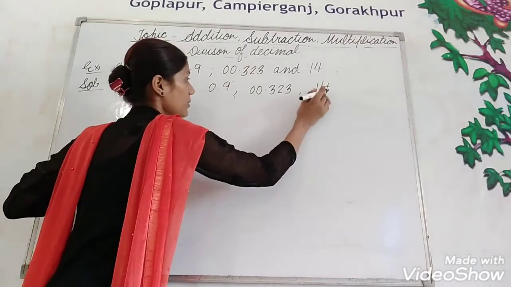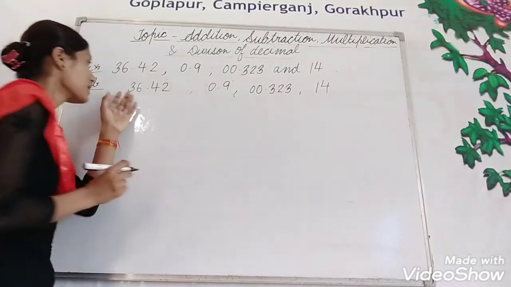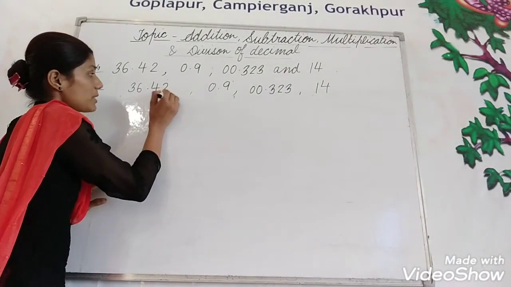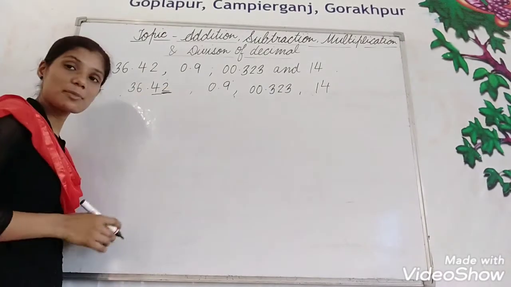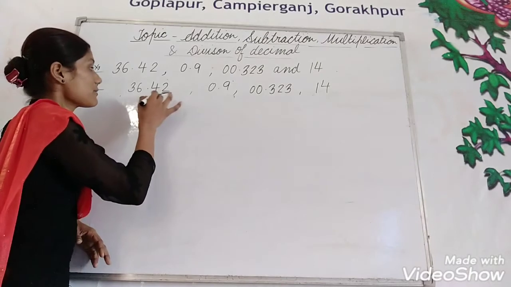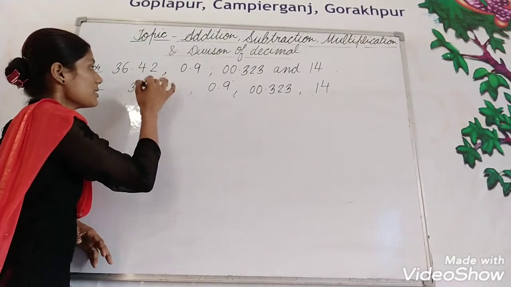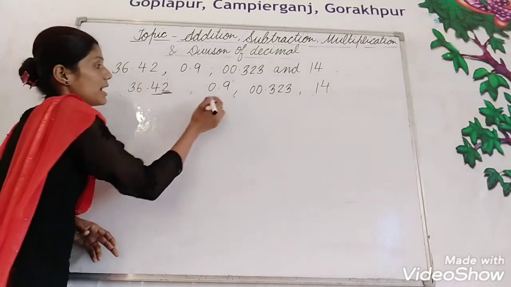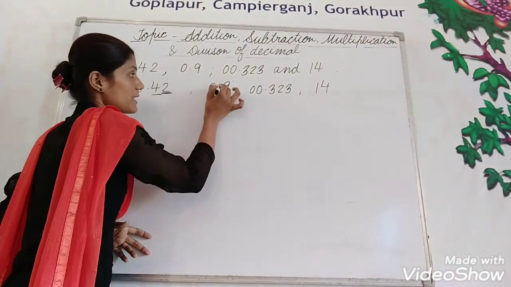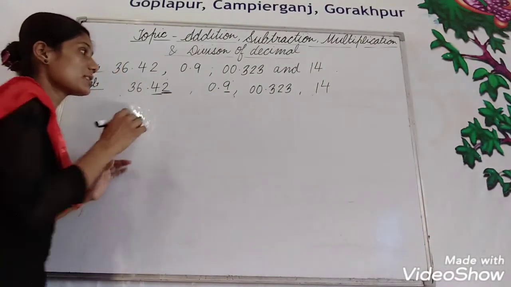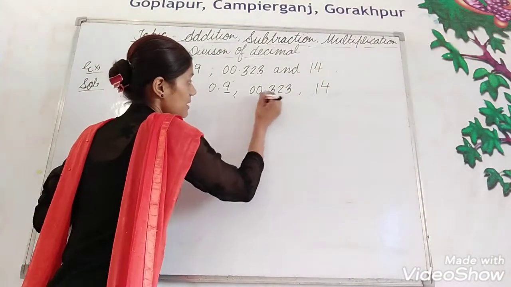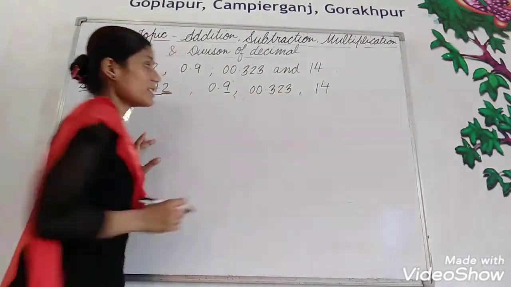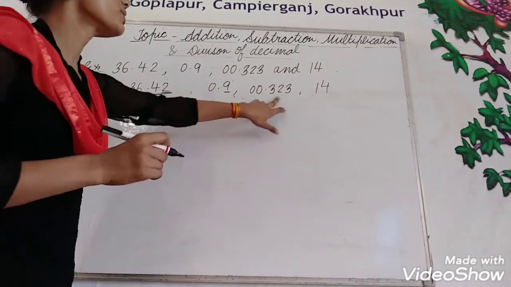In 14 only a whole number is given. In the first number, after the decimal there are 2 digits, in the second only one digit, and in the third, 3 digits. So here there are 3 digits.